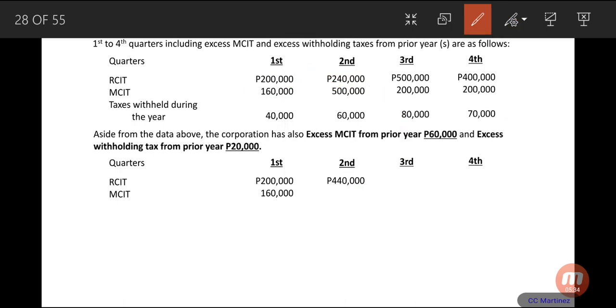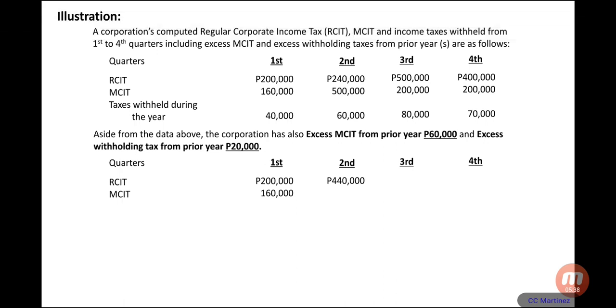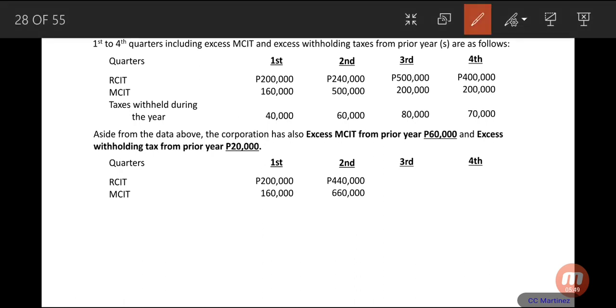So, doon ang galing yung cumulative amount na 440,000. For the cumulative amount of MCEIT, answer? So, same process. Answer is 660,000. Again, yung 160,000 natin ng first quarter, i-accumulate lang natin, i-add natin yung MCEIT natin for the second quarter. Makukuha natin yung 660,000.